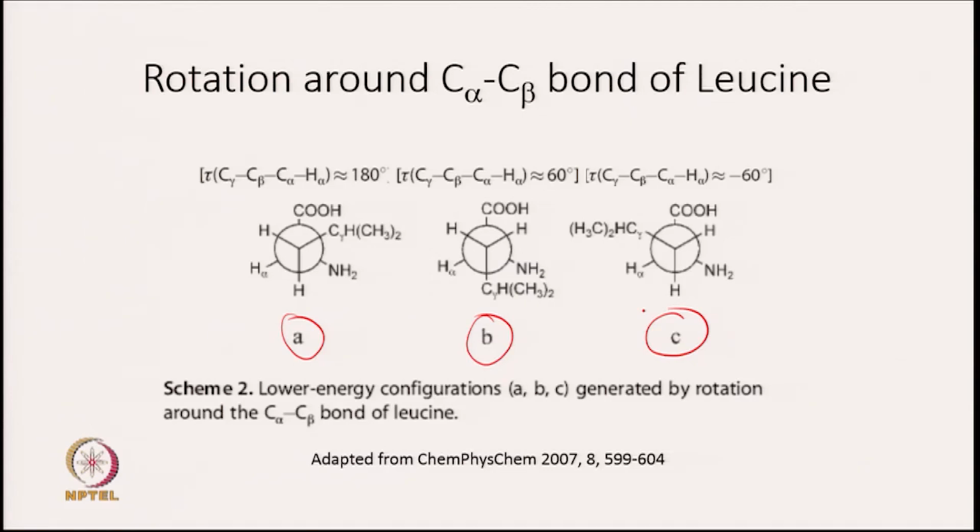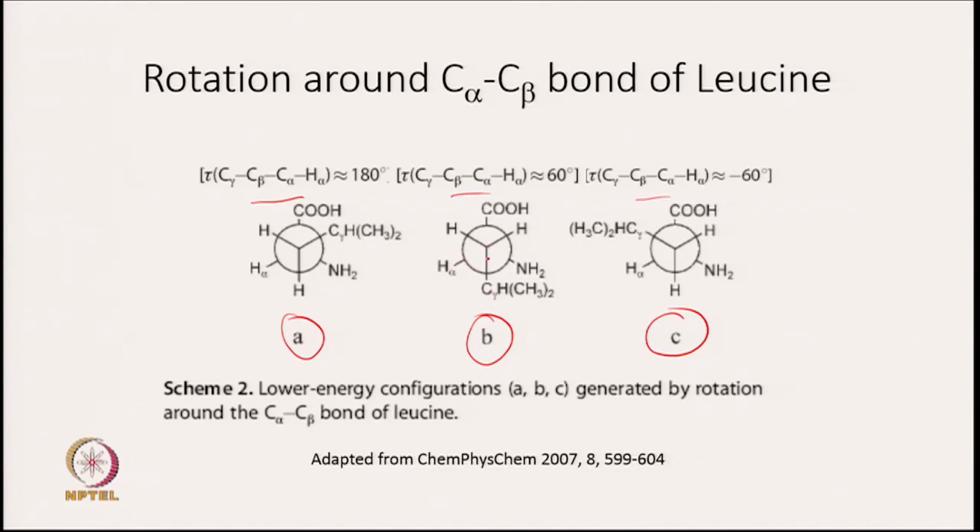So, you see the C alpha C beta bond. This is C alpha behind, and this is your C beta, the upper one is C beta, the lower one is C alpha, and this is C gamma. Here you can see the angle is 180 degrees. In this again, this is C alpha, C beta is the upper one, and C gamma here.